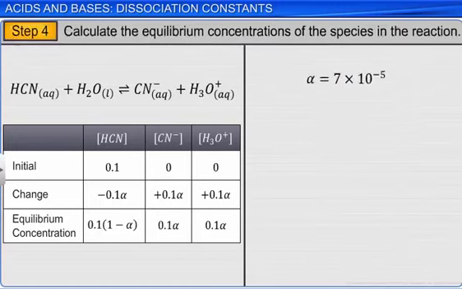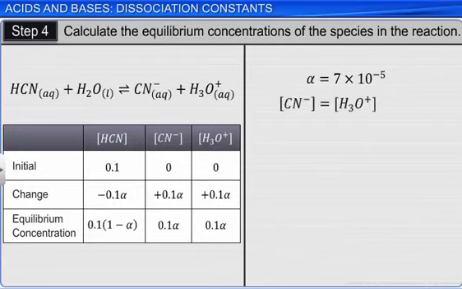As alpha is known, the equilibrium concentrations can be easily calculated. Thus, the equilibrium concentration of cyanide ion, which is equal to the equilibrium concentration of hydronium ion, is equal to 0.1 alpha, which can be written as 0.1 multiplied by 7 multiplied by 10 raised to the power minus 5.